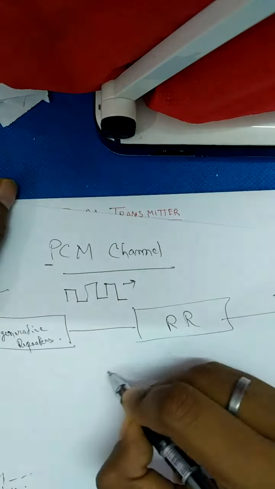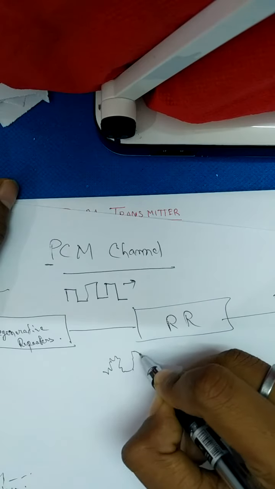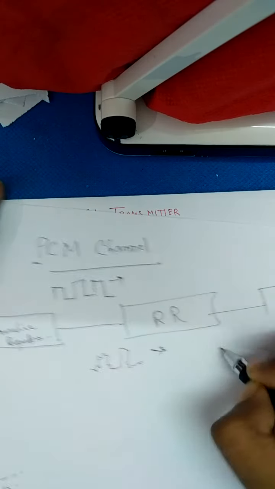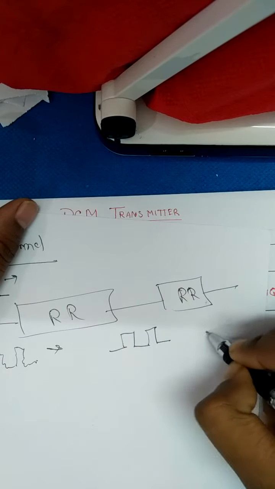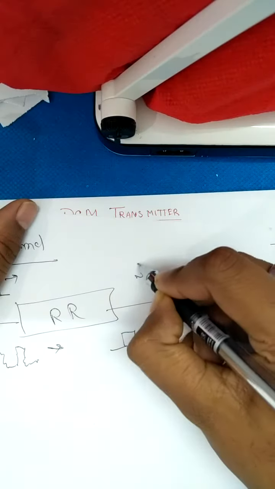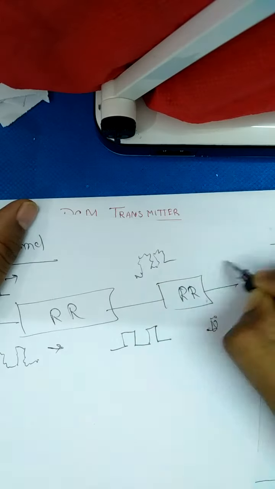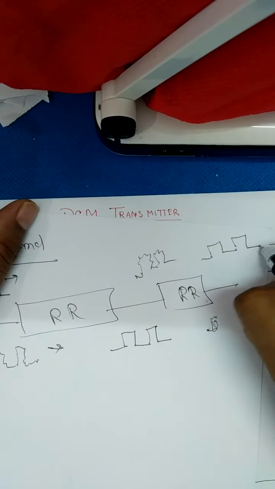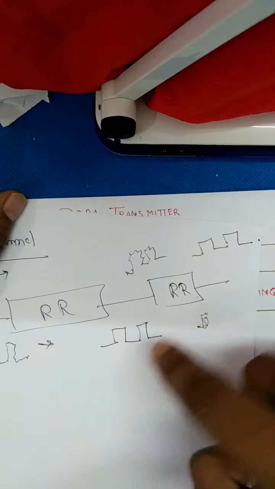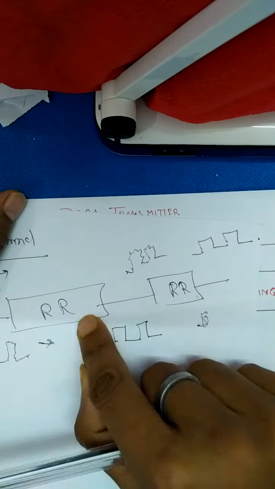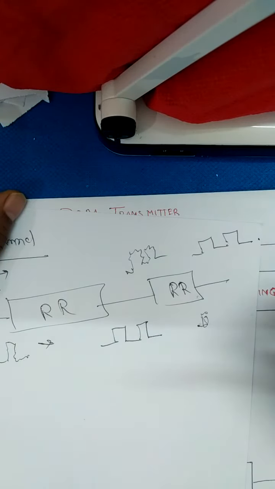So again it gets noisy, and again you have a clear PCM. In this way finally at the receiver the noise of the channel is countered, so you can send your data as long as possible after putting regenerative repeaters at equal intervals.